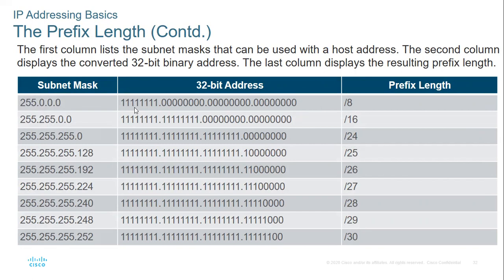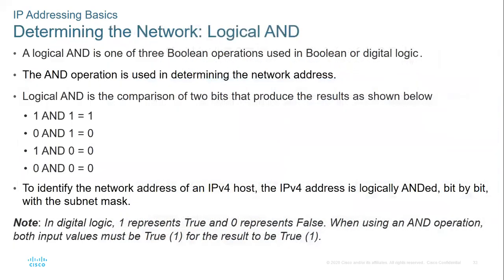You just have to count these ones: 1, 2, 3, 4, 5, 6, 7, 8. Okay, 255 to 255. So you change this to binary, and it will give us 8 ones. So 8 plus 8, that's how you can see slash 16, and so on.